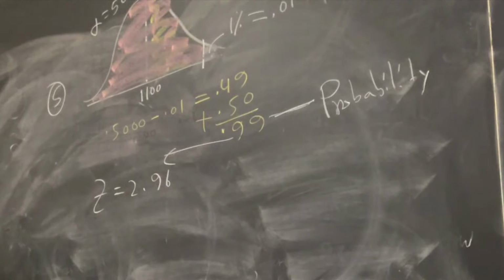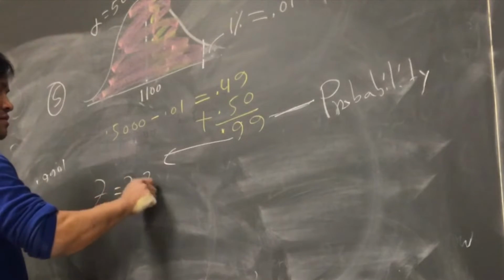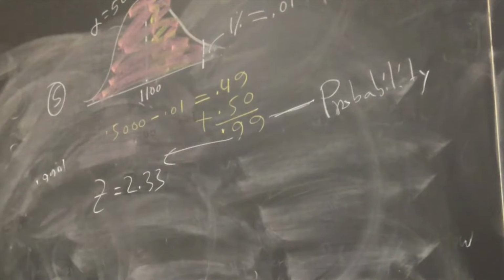You found 0.9901, something close to that, at 2.33. Yeah, that's better, because that's close to 0.99, right? Is that a better approximation than before? Yeah. Okay, good.